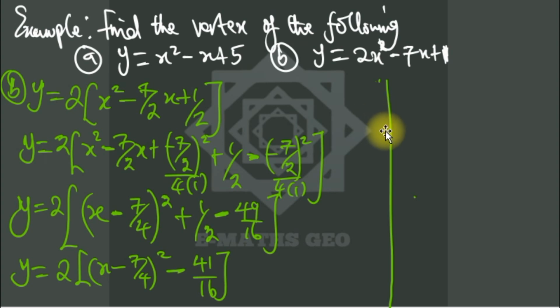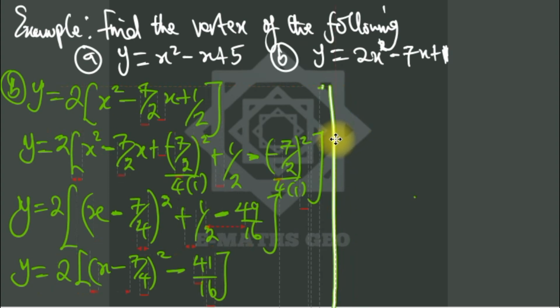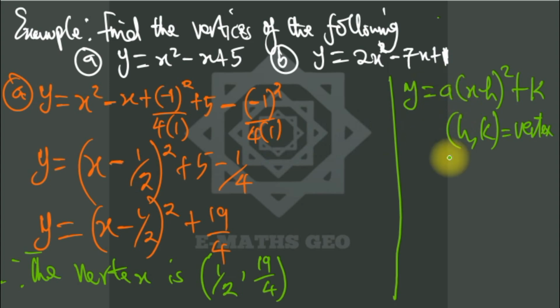So we still continue. We have y equal to, we open up because we need to make it look like this: y equals a times (x minus h) all squared plus k.